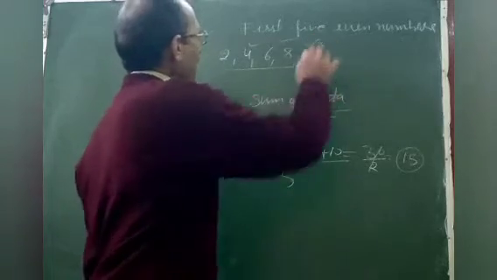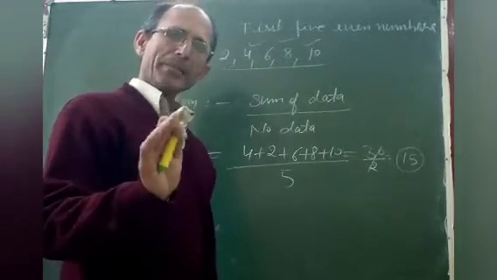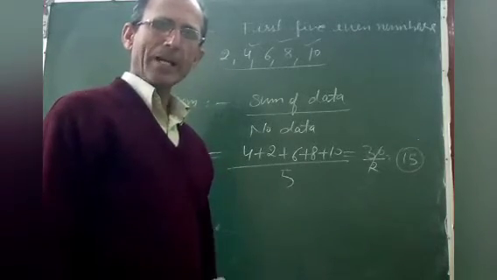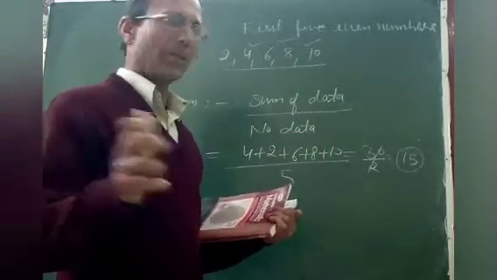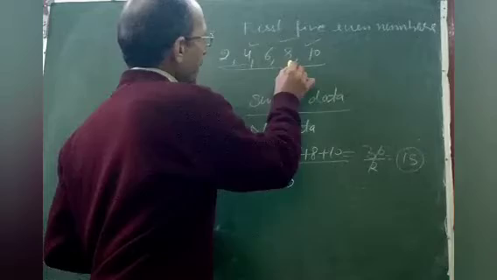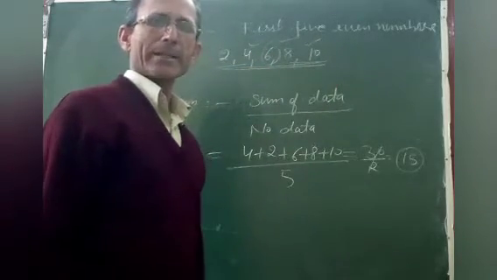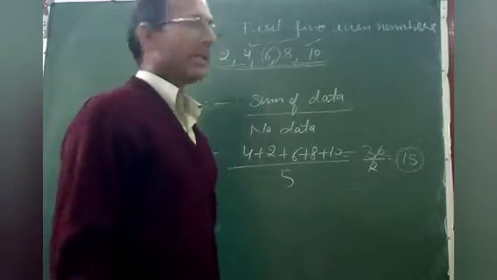Now, if you have to find the median. Median means which is lying exactly in the middle. On both sides, the number of data should be equal. Now there are 5 observations and the data are already arranged in ascending order. Ascending order means small to big.